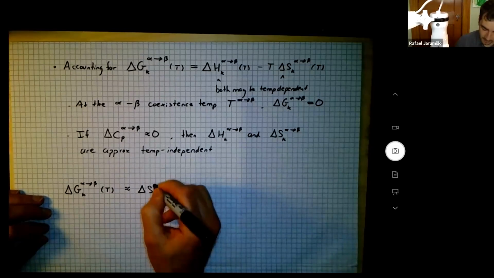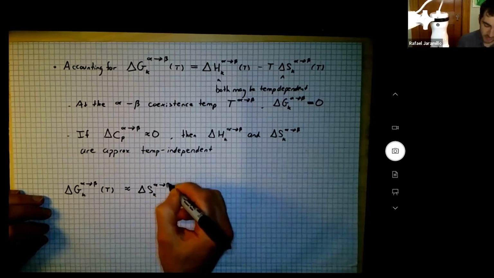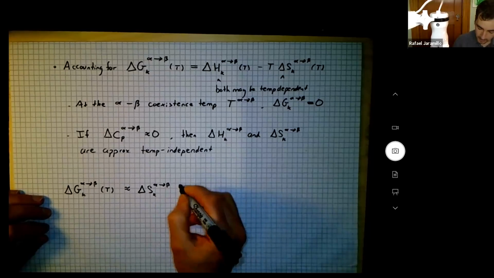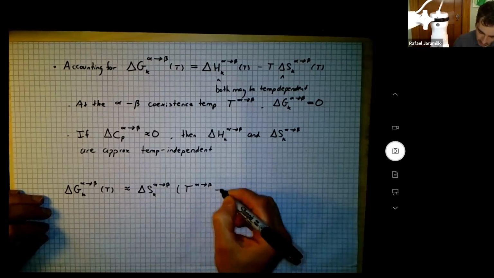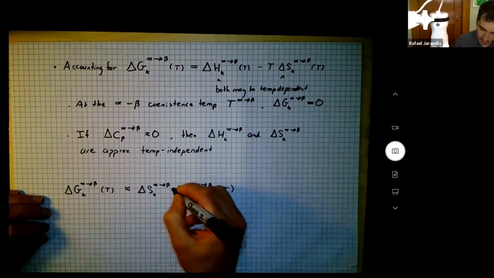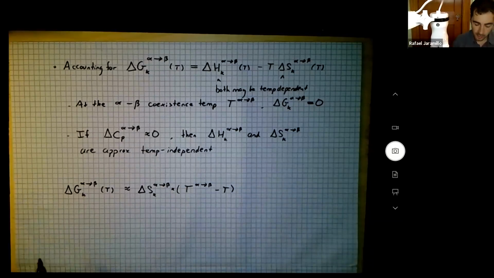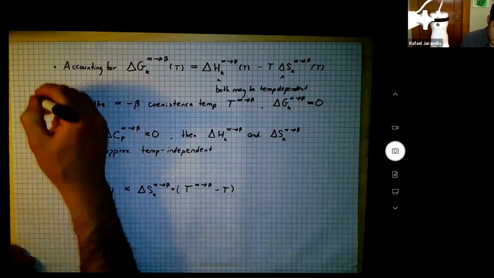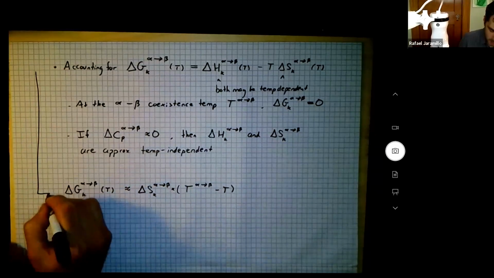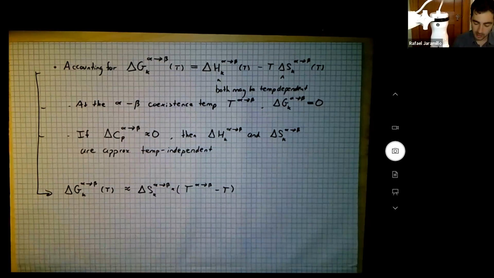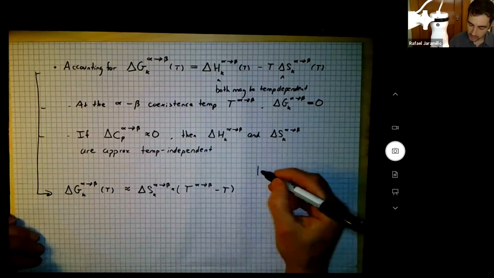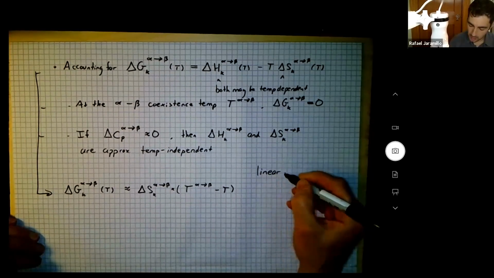It's a few lines of algebra, 5 minutes of your time. All right, so that is a simplification. This thing is linear in T.